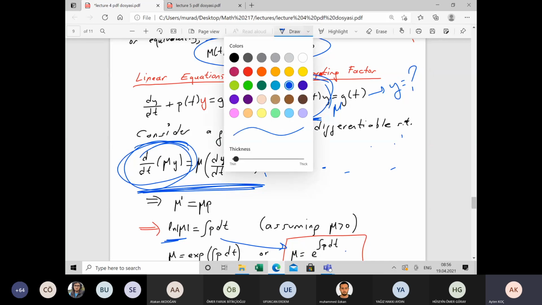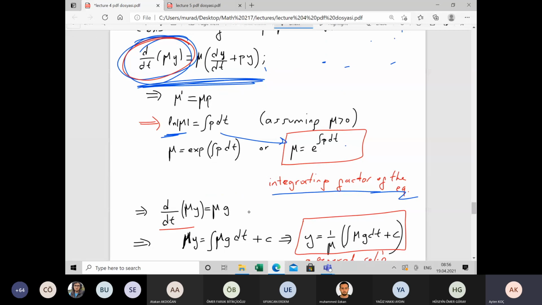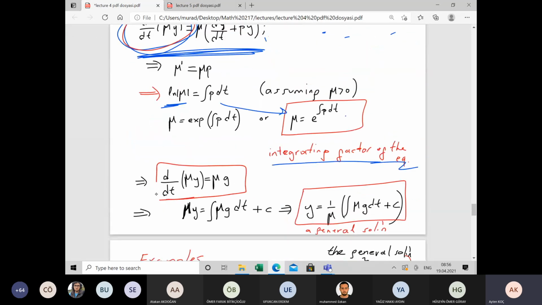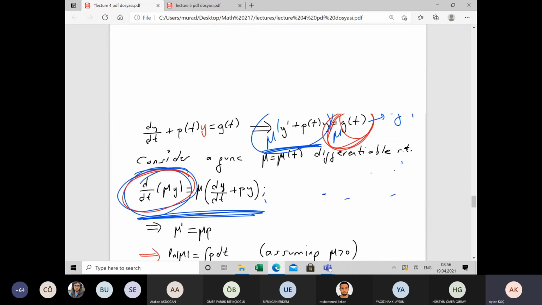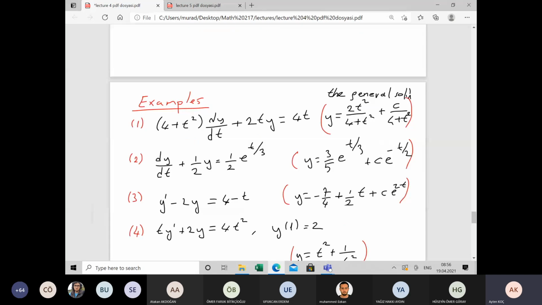Right here, d over dt of mu y should be the right hand side, mu times g of t. Our aim is to get y, so how to get y? Integrating both sides.